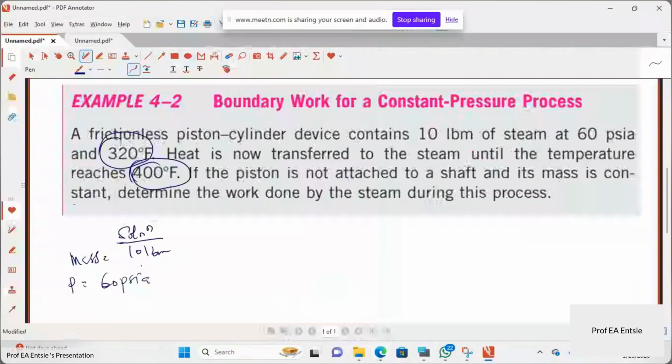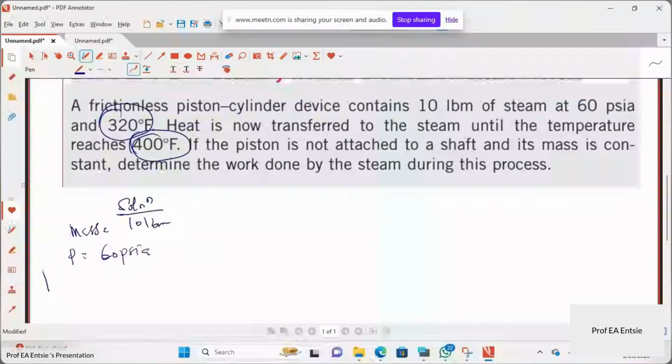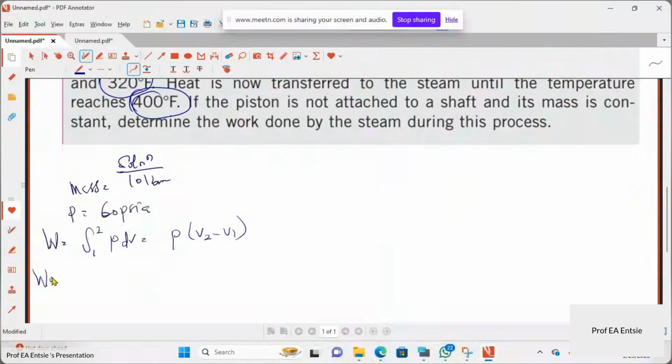Then we will just go straight and say that work done is the integral from 1 to 2 of P dV. So pressure is constant, mass is also constant. If you want work done in joules or kilojoules, I will multiply this whole expression with mass, because the original expression is in kilojoules per kilogram.